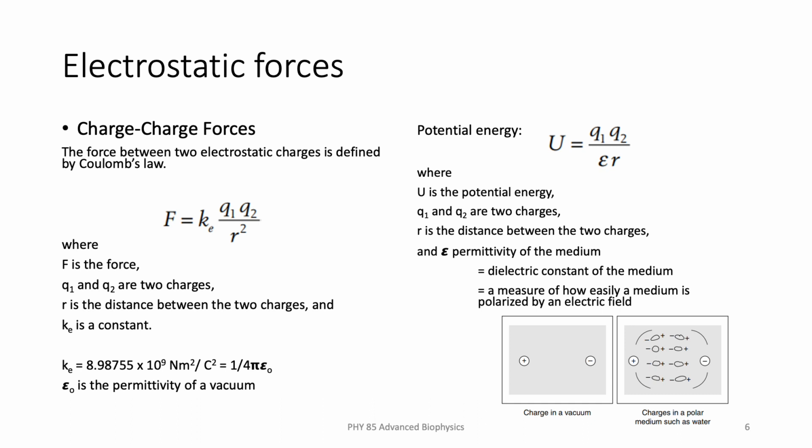This orientation of the polar molecules creates small electric fields that oppose the electric fields of the positive and negative charge in the medium. This effectively reduces the force and potential energy between the positive and the negative charge.